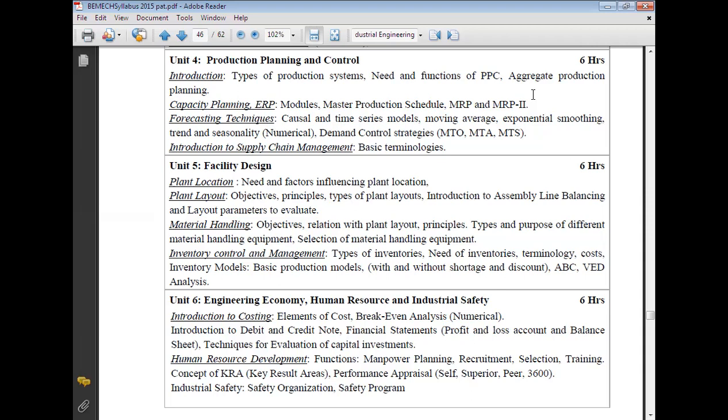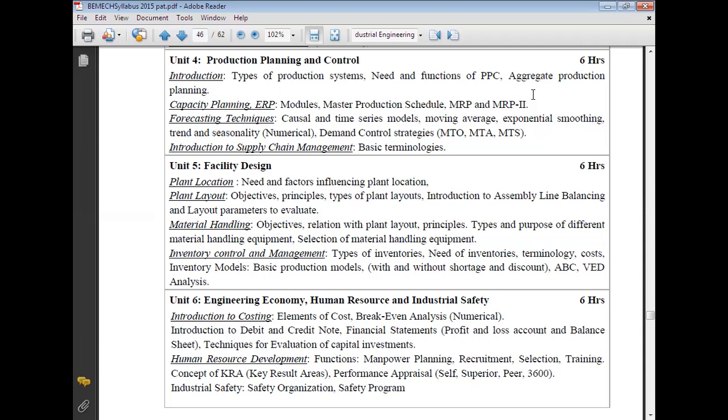In the next unit, that is unit number 5, we will be discussing facility design. So in this particular unit, we will be discussing plant location. So in this plant location, what is the need and factors which influence plant location?